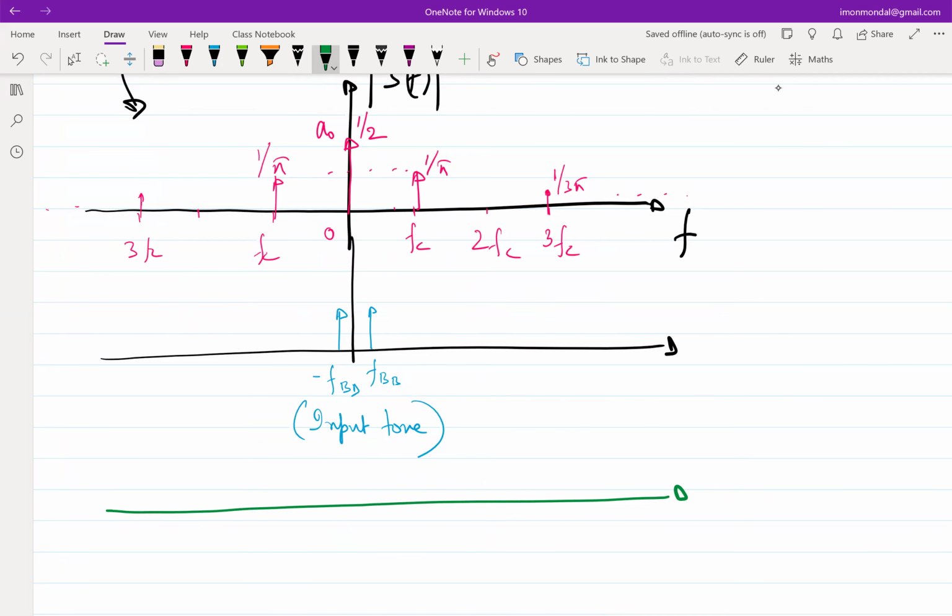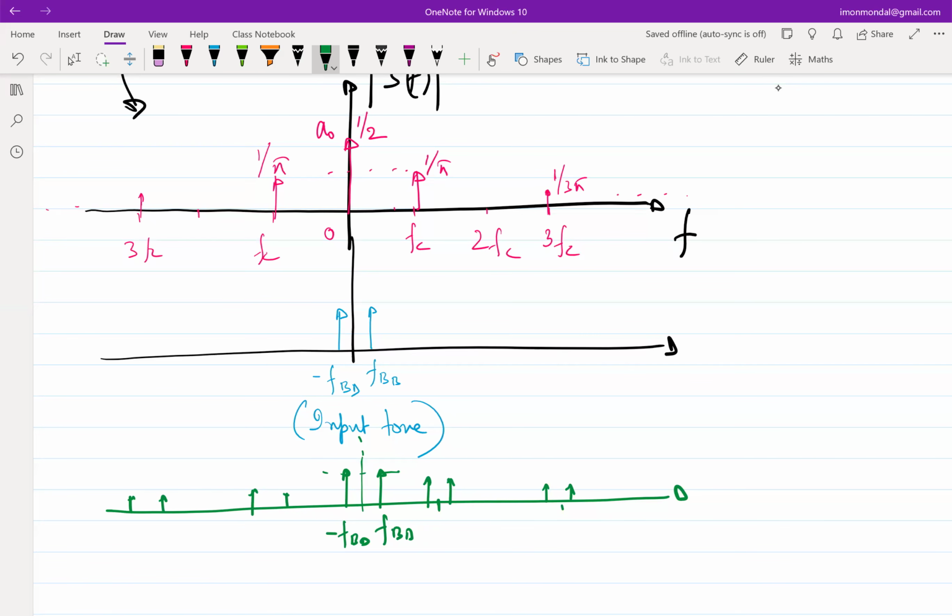Because if I convolve, this half term is going to give me two tones, one at specifically the same place where these tones were, but magnitude will be half. Then the next one will come around FC, right? So this will probably be somewhere over here. The next one is going to come around 3FC. So obviously it's not drawn to scale. So I hope that doesn't create any confusion and so on, right?